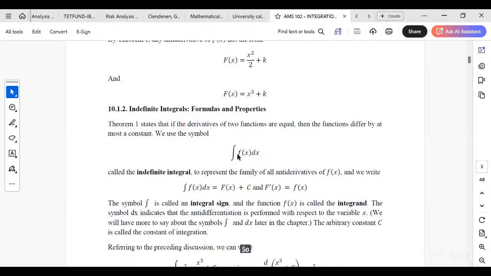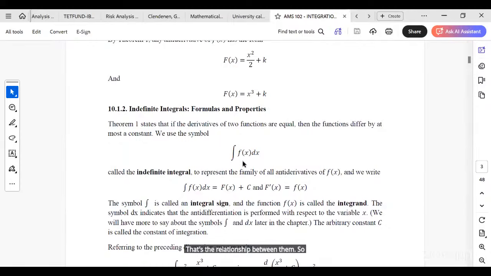So if you integrate that function, it gives you capital F of x. That means if you differentiate capital F of x, it will reverse you back to small f of x. So the relationship is that small f of x is the differential of capital F of x, and capital F of x is the integral of small f of x.